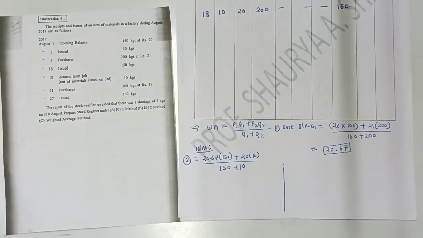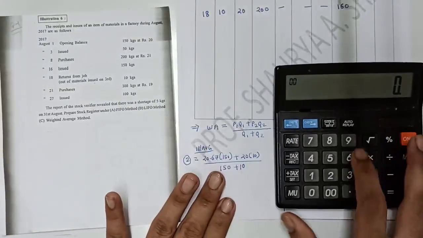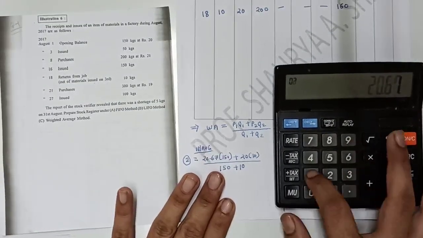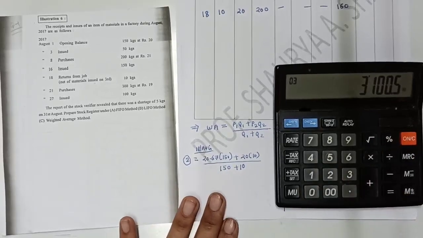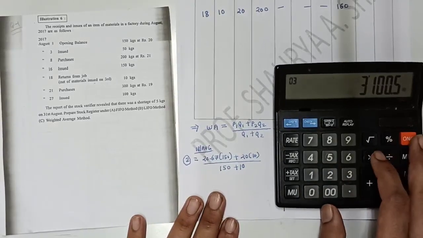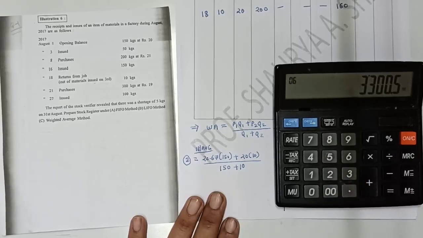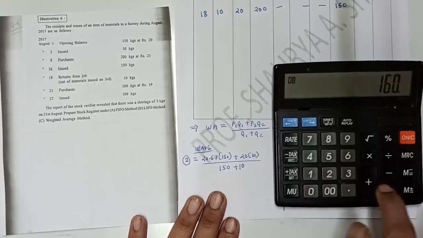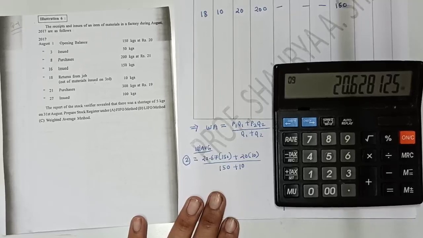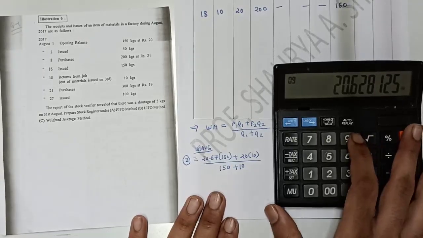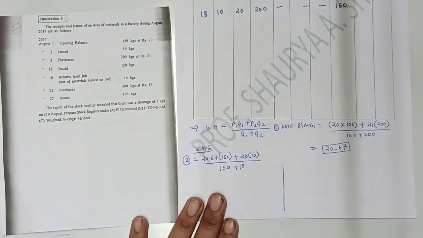So when I multiply this, right, what answer I am getting, we'll see. 20.67 into 150, that is 3100.5, plus 20 into 10, that is 200, divided by 160. So I can say 20.63 on an average I am getting, right?